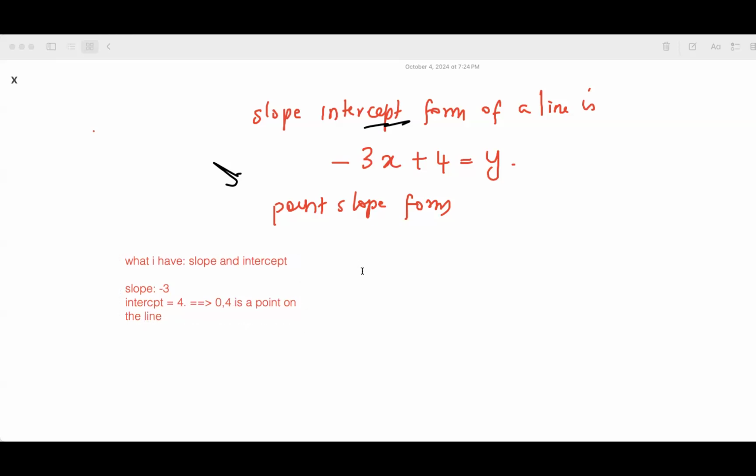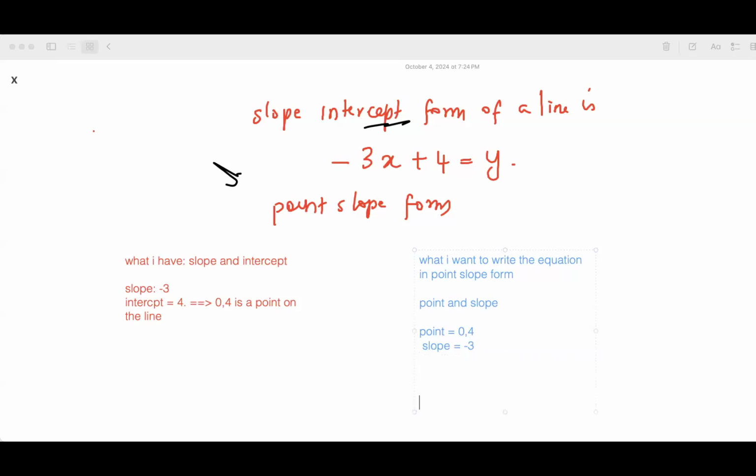Now what I want for writing the equation in point slope form is the point and slope. You know the point is 0, 4. Slope is minus 3. We have both. It's so easy to write down.